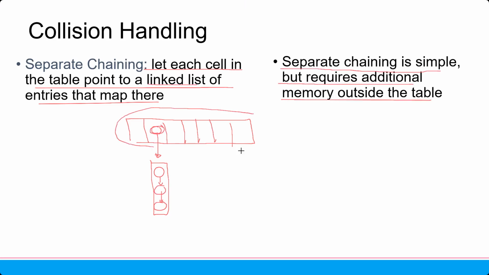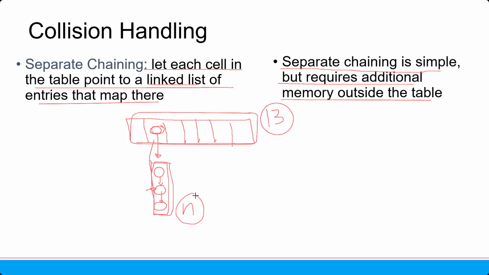We already have this memory. Let's say if the capacity is 13, then we have at least 13. And if we have another list like this one, then we have another n. So the memory we need can be 13 multiplied by n.